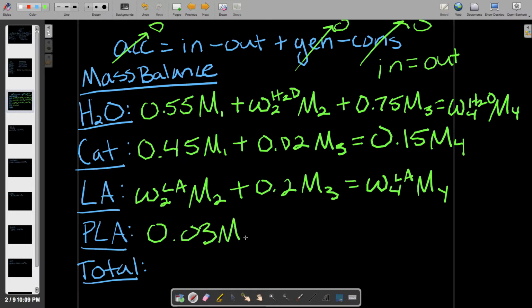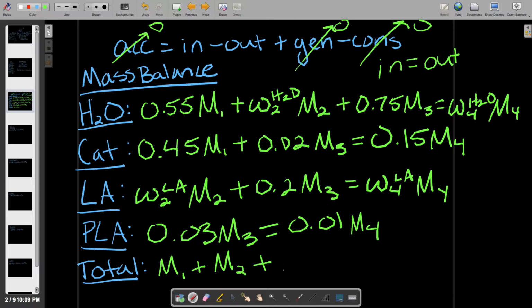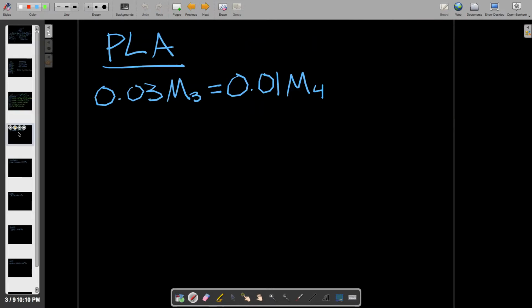And that is going to equal the mass fraction of PLA in stream 3 times the flow rate in stream 3, giving us the mass fraction of PLA in stream 4 times the flow rate in stream 4. And then from this, we can go ahead and do a total mass balance, and that is just going to be that the flow rates of stream 1, 2, and 3 are equal to the flow rate in stream 4. So now we're going to go ahead and start solving some of these for the flow rates, and Manon's going to show us how to do that.